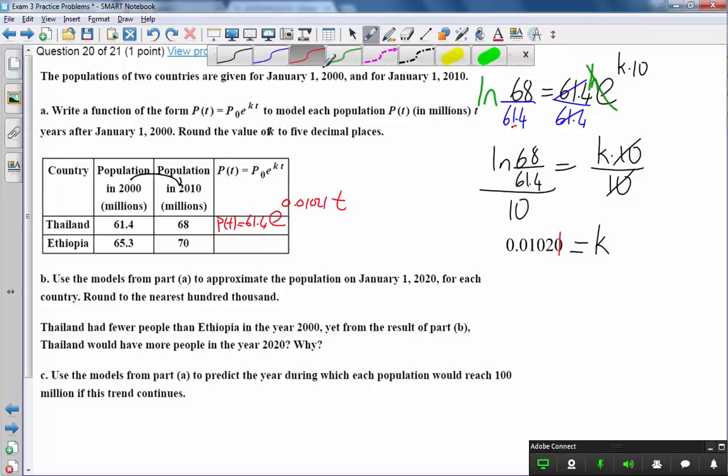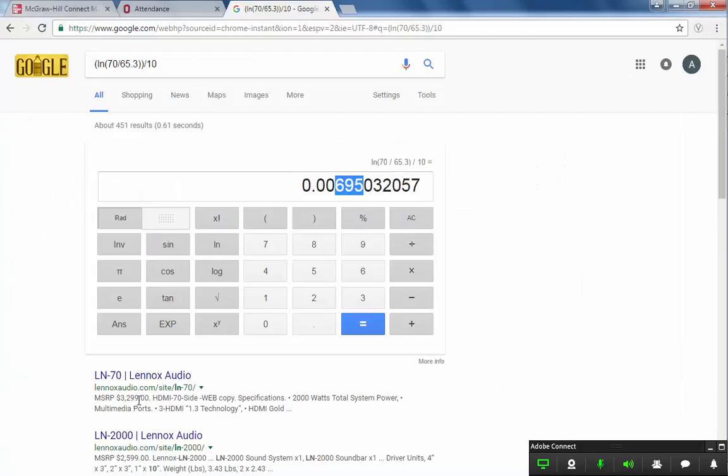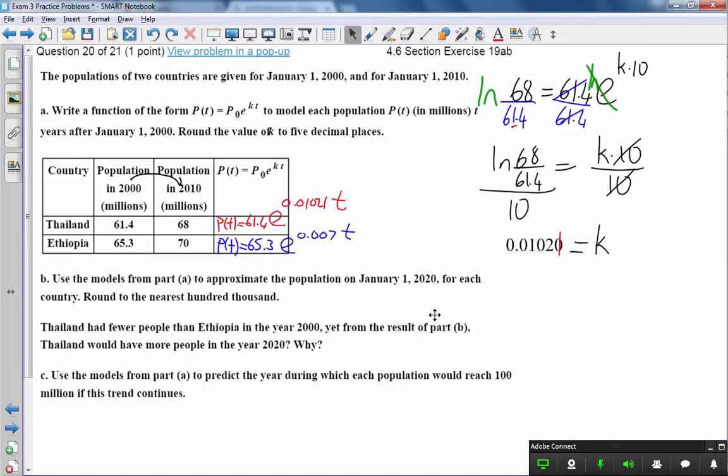So the P model for Ethiopia is the initial amount of population raised. Is it double 0 or single 0? Double 0.